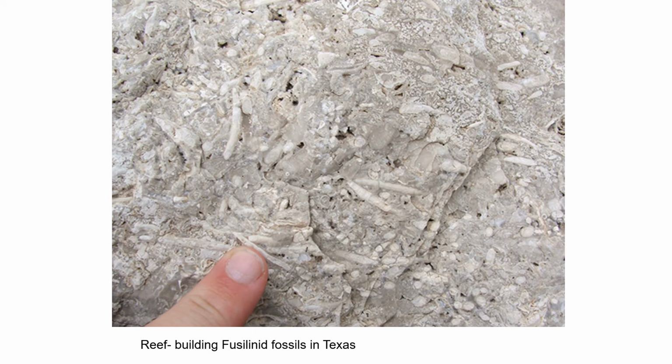But there used to be an ocean there in geologic time, and these reefs are proof of that. There's a park there called Capitol Reef Park, not to be confused with the one in Utah. This one is in Texas.